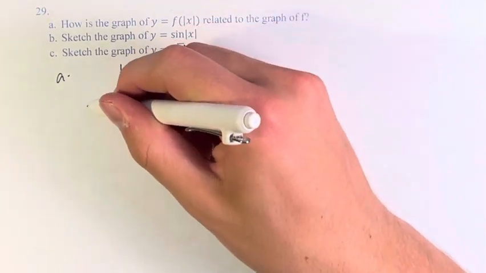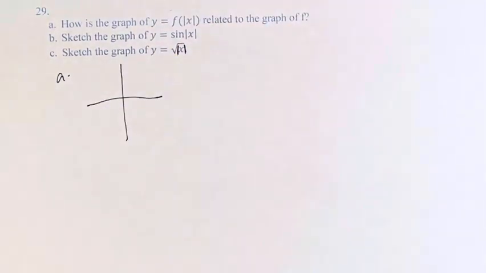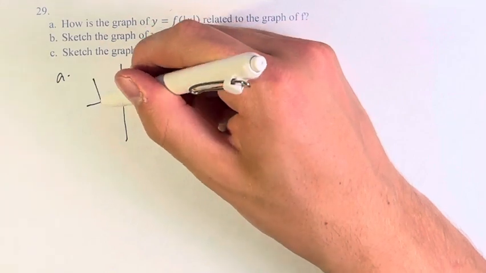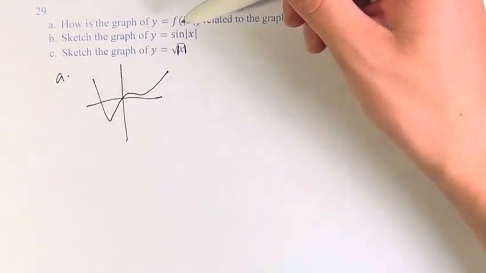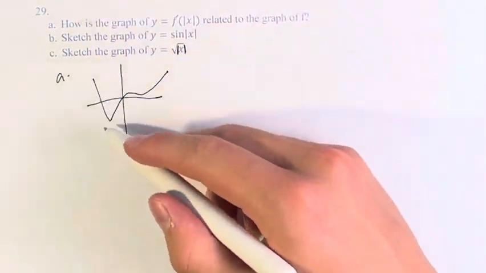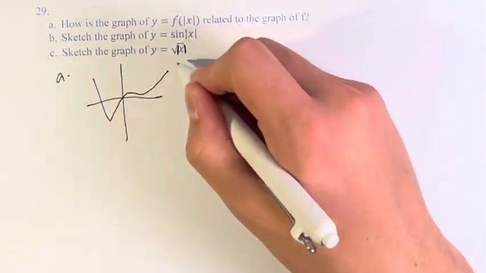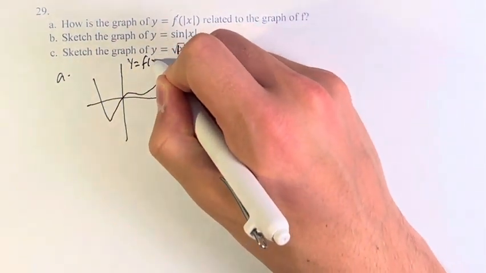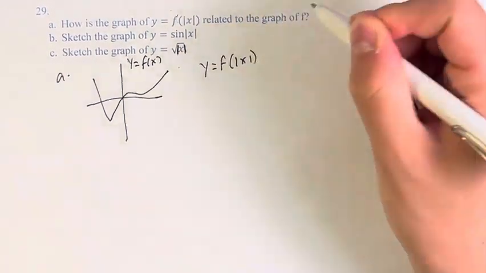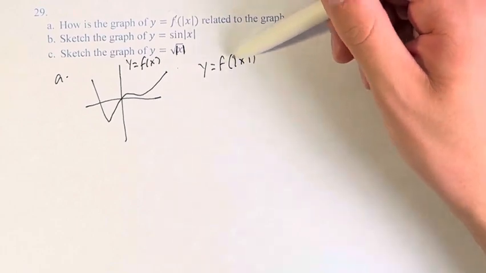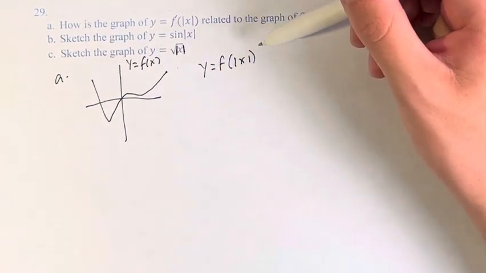So we have our xy plane, and let's just have some function like that. If we're taking y equals f of x, it's going to look like this. What happens when we do y equals f of the absolute value of x? Well, the absolute value of x is going to make something positive.